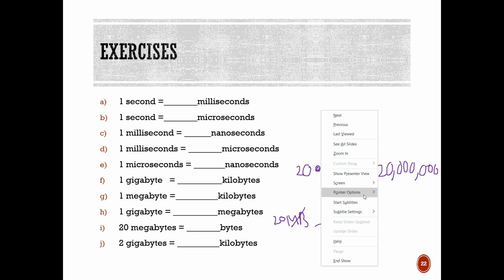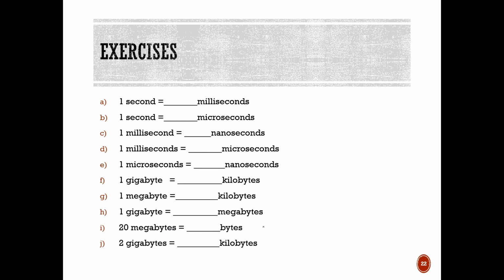And for the last one, it's 2 gigs. So 1 gig, how many bytes are there? 10 to the 9 bytes. And how many bytes in a kilobyte? 10 to the 3rd bytes. 1 kilobyte. Alright. Gigs cancel. Bytes cancel. We are left with kilobytes.